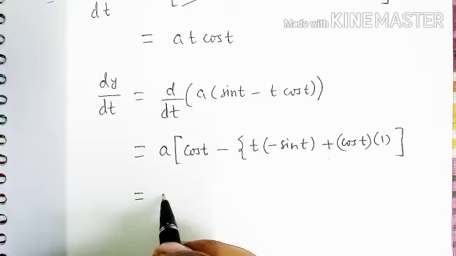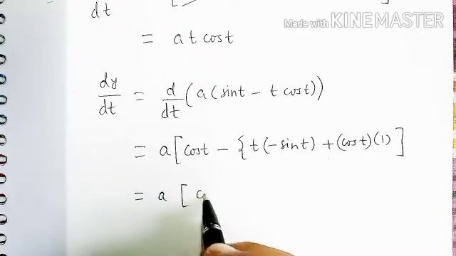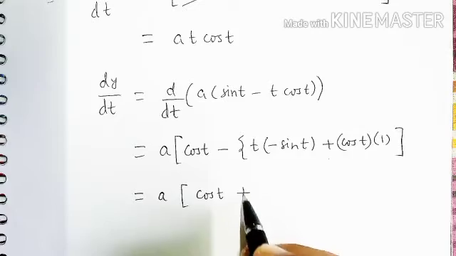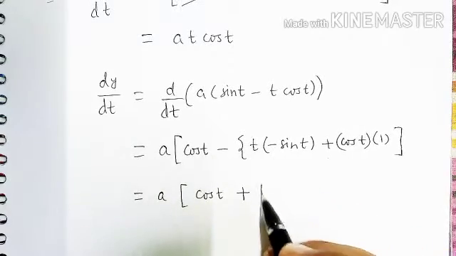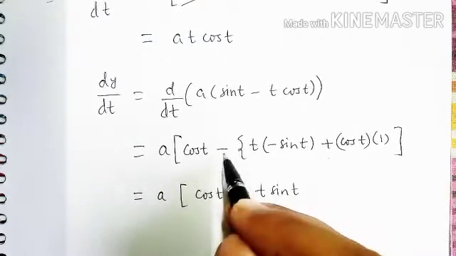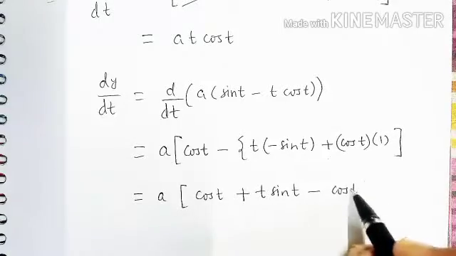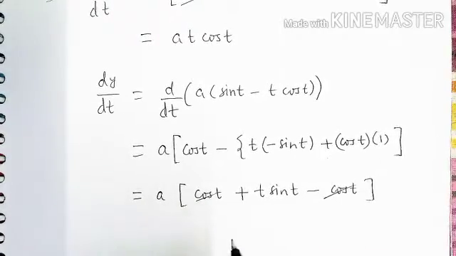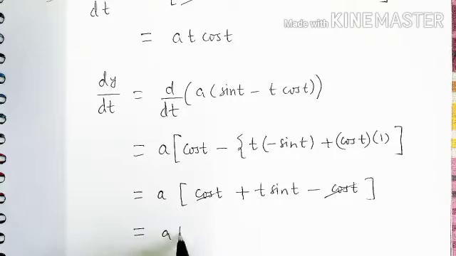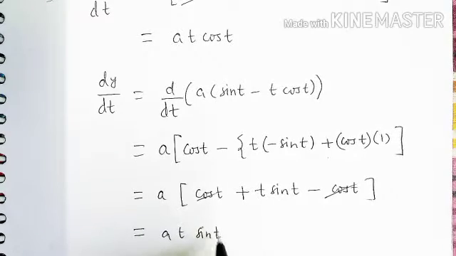This is equal to a into cos t plus t sin t minus cos t. So these two cos t are cancelled. We have a t sin t.